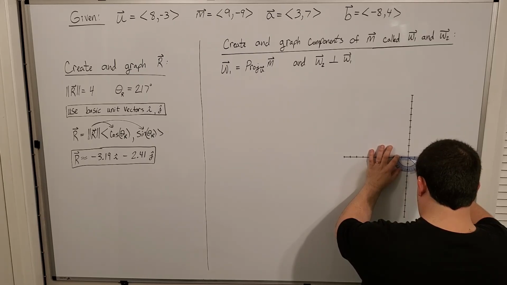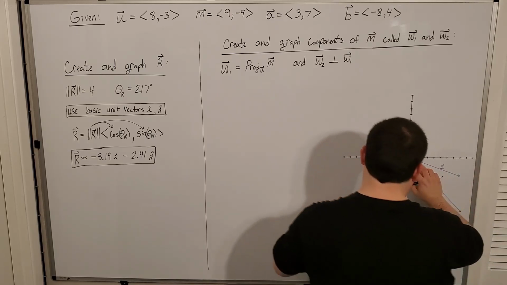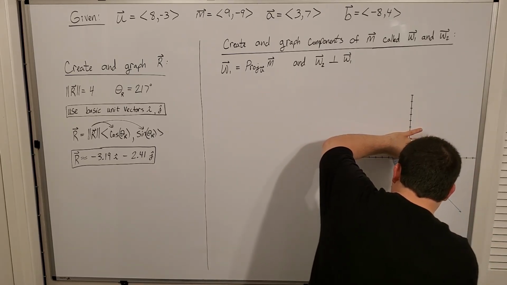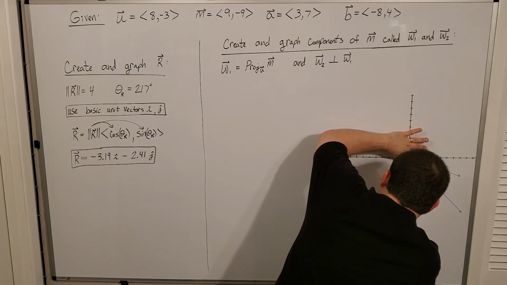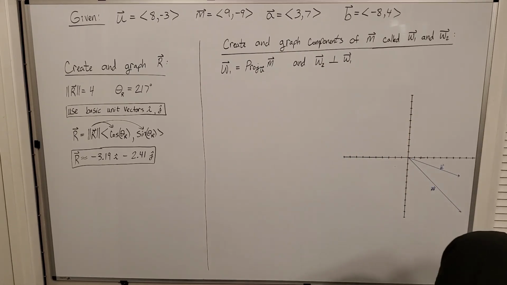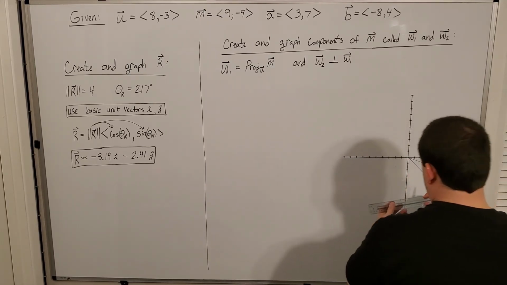Make sure and get it rotated exactly on center. So 37 degrees. Here's 35, 36, 37 is right there. And we want a length of 4 units.